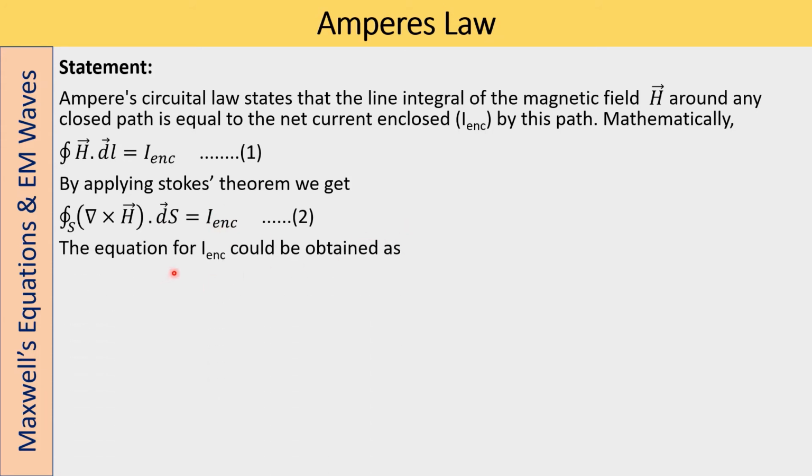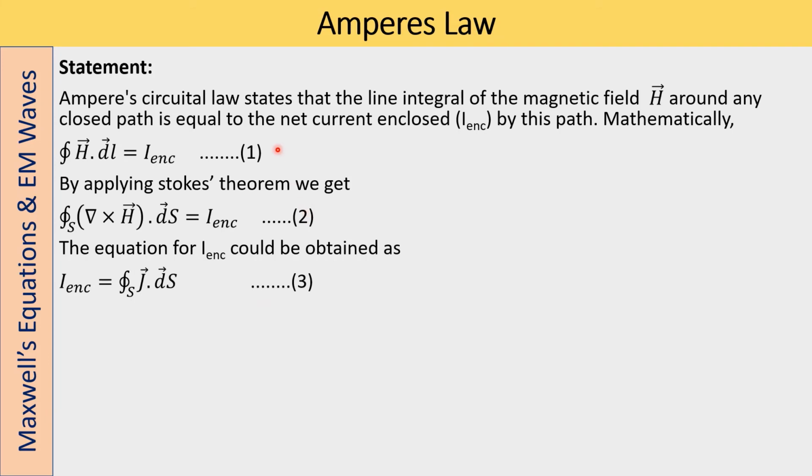The equation for current could be obtained as: the current I enclosed is equal to surface integral of J dot ds, where J represents the current density, which is nothing but the current by area. Therefore we can write the current I is equal to surface integral J dot ds.